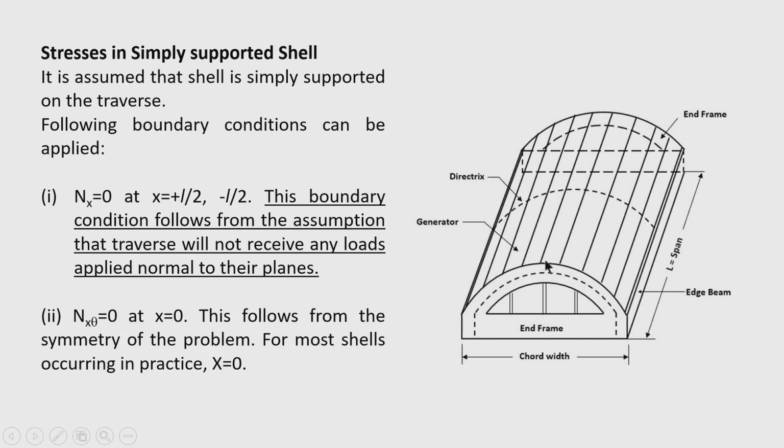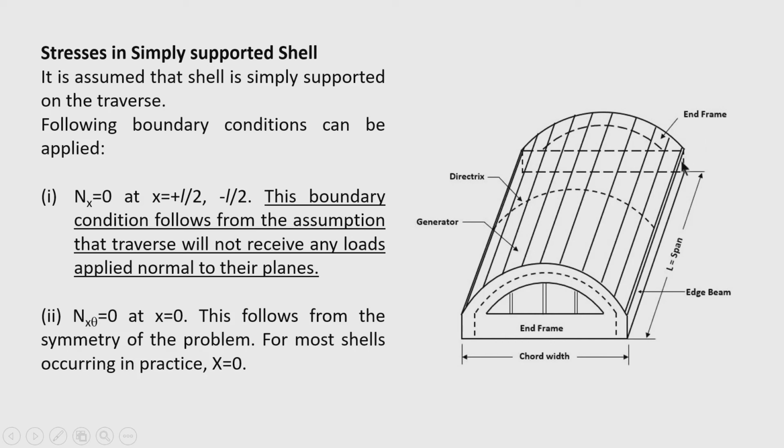Now, at the transverse when this shell is supported, we take N_x equal to 0. That means, the boundary condition is from the assumption that transverse will not receive any loads applied normal to their planes. So, based on that condition we take N_x equal to 0, provided we take the origin at the center of the shell.